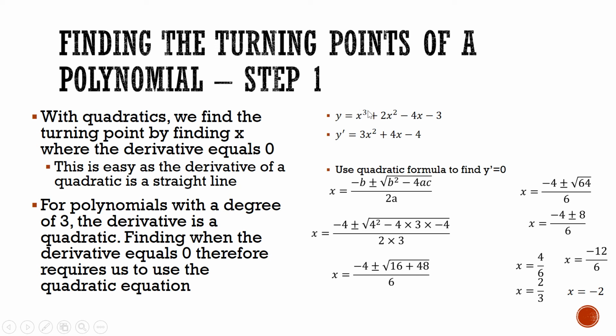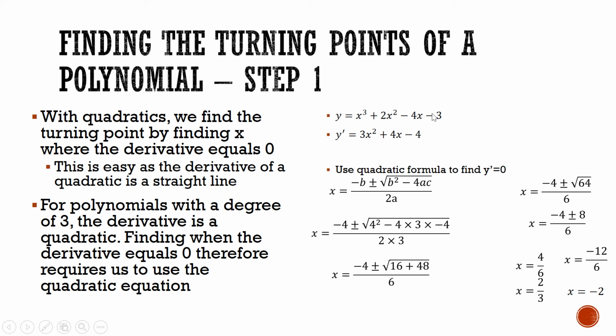So here we have 3 times 1 is 3, 3 minus 1 is 2, 2 times 2 is 4, 2 minus 1 is 1, 1 times 4 is 4, 1 minus 1 is 0, and then we kill the constant. So this here is the formula for the slope of this line. Okay?